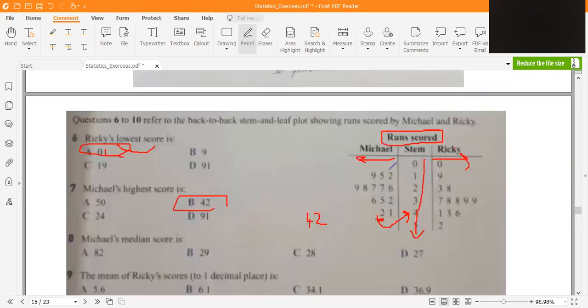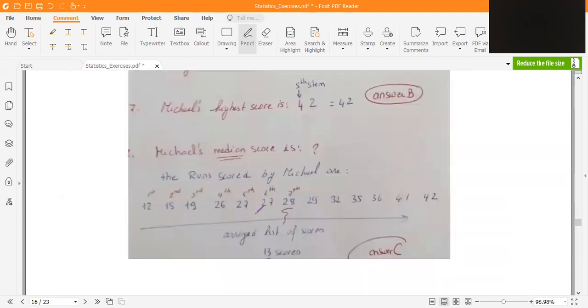So for the middle, we can cancel one from the right and one from the left, one by one, to finally obtain the middle value. Normally, since 13 is odd, we add 1 and divide by 2, and we obtain 7.